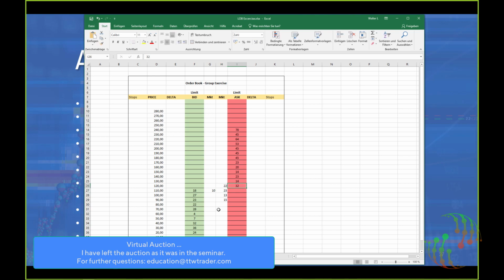Again, 32 at 120, 22. 12 left at 120, 110, 18. I will buy 18 at 110. Sell 12 at 120. We still have an offer of 12 to lift the price. We have sell 10 at 110.